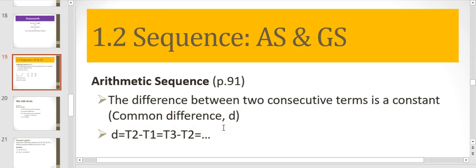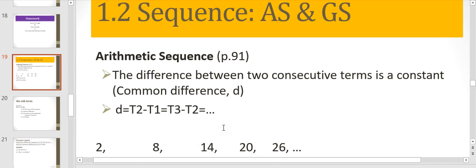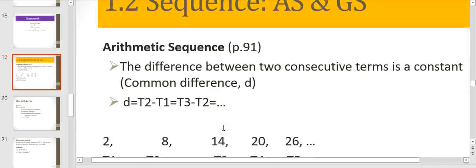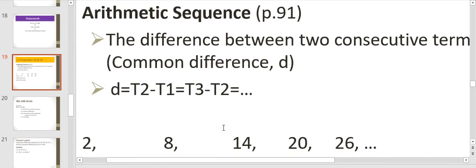So let us look into one of the sequences. From this sequence, how do you name it? Very simple. The first one, the 2 here represents term 1.